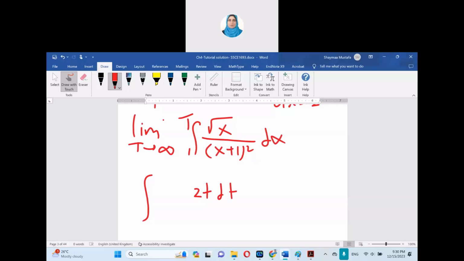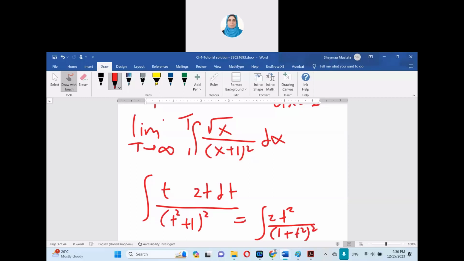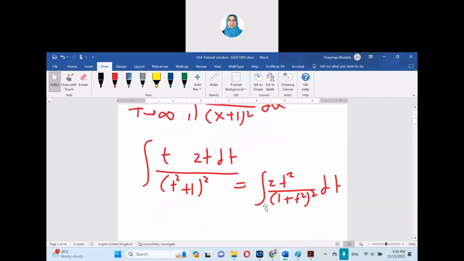Square root of x is t, because x is t squared. And x plus 1 squared means t squared plus 1 squared. So this becomes the integration of 2t squared over 1 plus t squared dt. This integration by parts we just solved in question 4, in chapter 3.